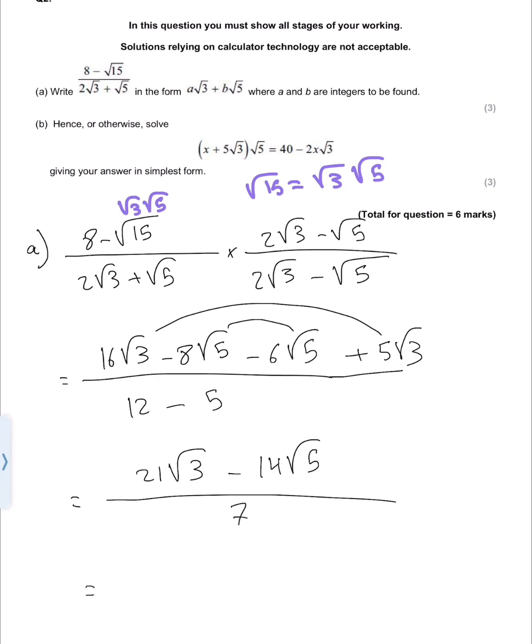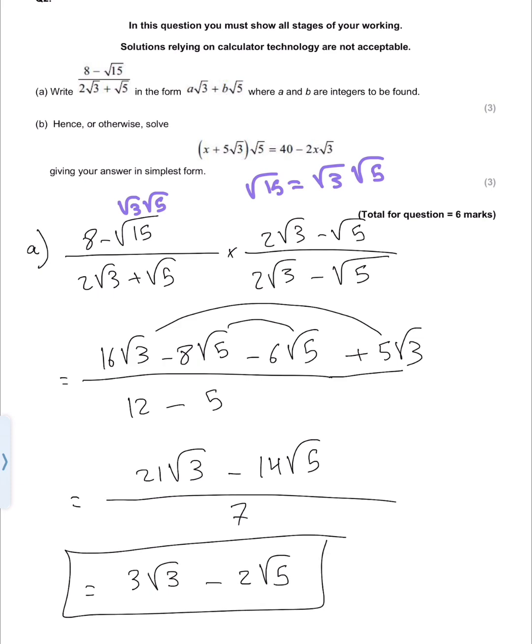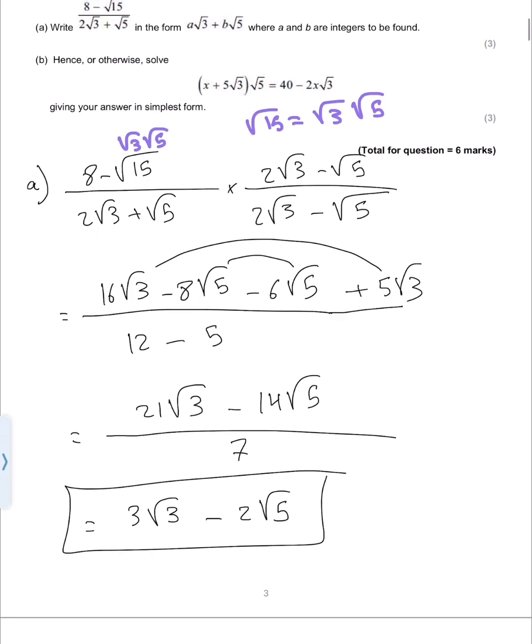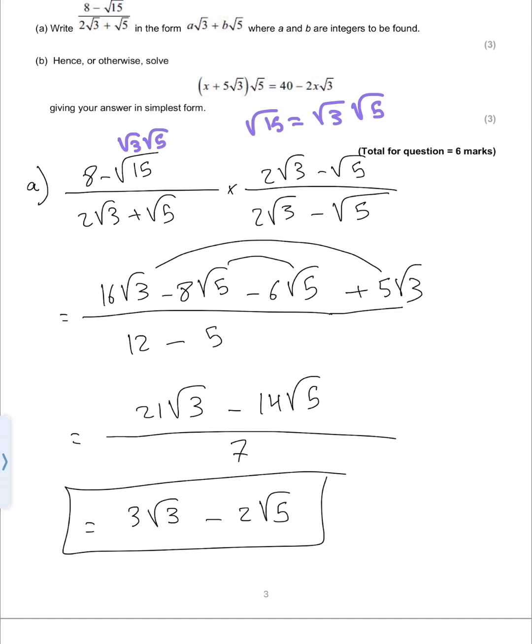Now we divide everything by 7, we get 3 root 3 minus 2 root 5. So this is the answer for part A. Now moving to part B. So again here we get 3 root 3 minus 2 root 5.